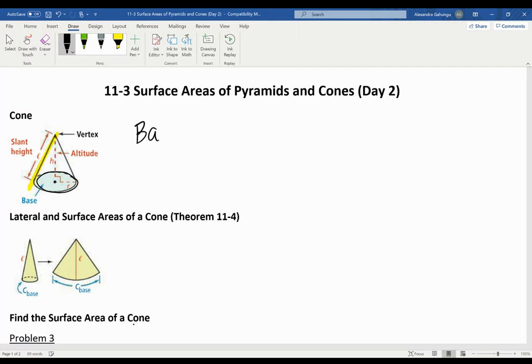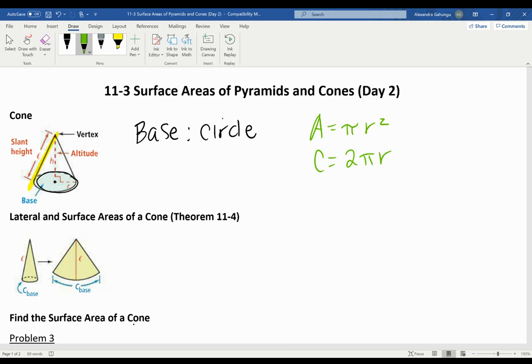So, big thing about this is our base is now a circle rather than a regular polygon. And what we're going to actually use is our area formula for our circle, pi r squared. And then also, we're actually going to build the lateral area of our cone using the circumference formula. So it's 2 pi r here.